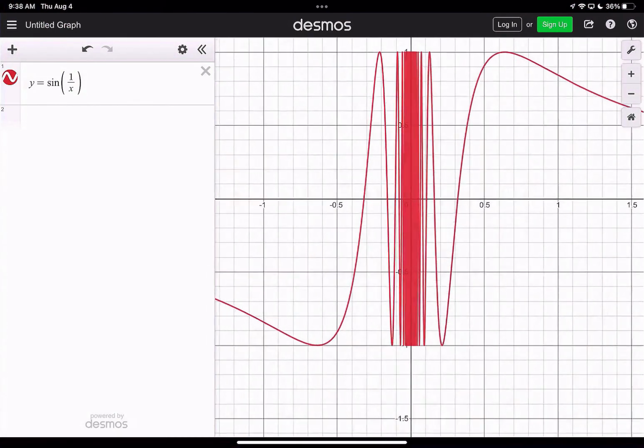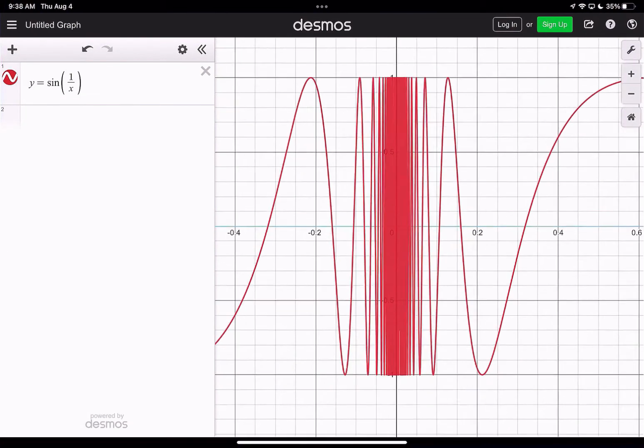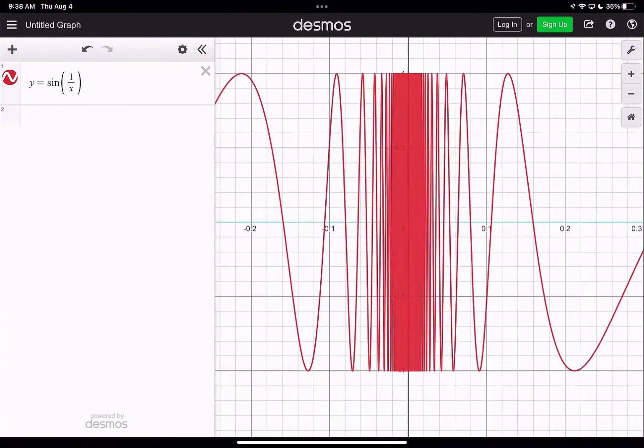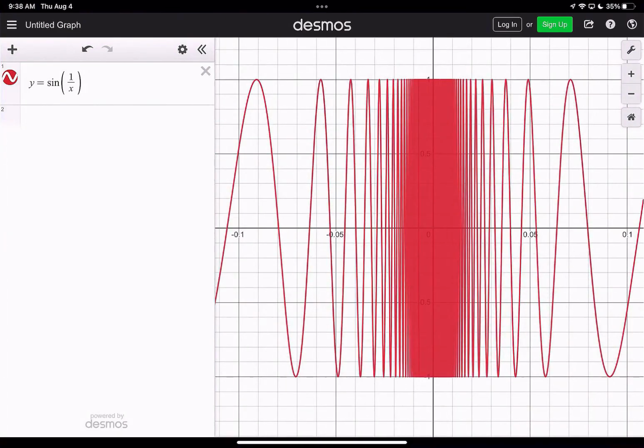And what we see here is as we are approaching 0, the function values are wildly oscillating between negative 1 and 1, right? So there's not any one particular value that this is trying to be when x is equal to 0, or when x is approaching 0. It's trying to be every value between negative 1 and 1 all at the same time.